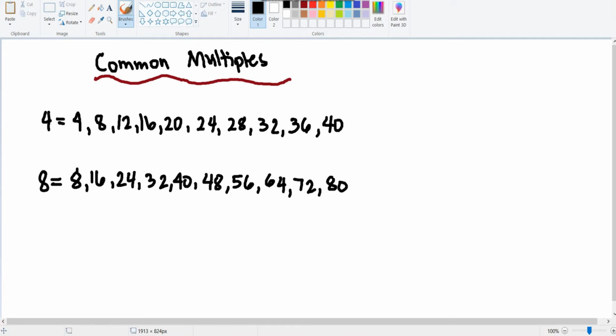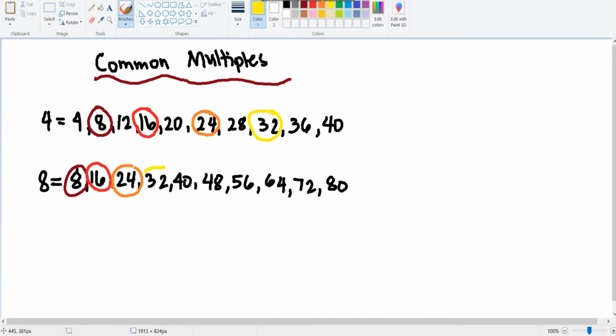Okay, make sure that the numbers are the same. The first one, we have 8 under 4 and 8 under 8. That is the first common multiple. We have also 16 and 16. Third, we have 24, 24. Fourth, we have 32, 32.